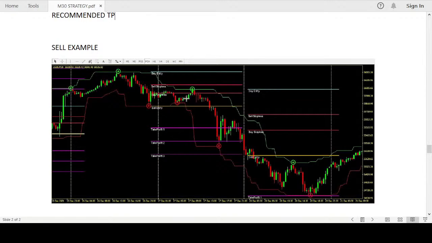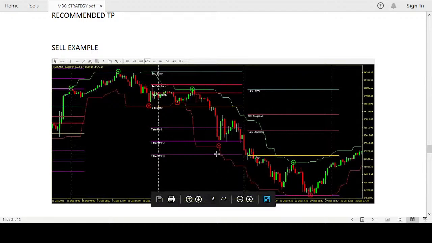Then the market dropped and triggered that sell, on the level of the red circle dot, and beneath the previous one that had just formed. So this was a valid trade, and that's where you'd enter sell on a 30-minute chart. You'd use the take profit levels, and the stop loss that the system gives you.